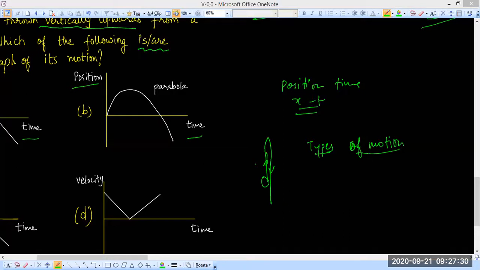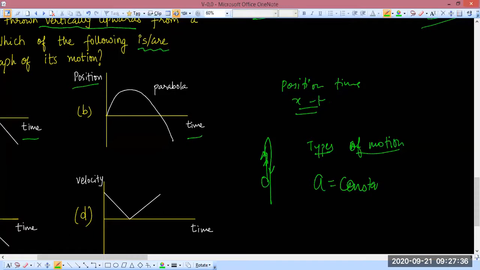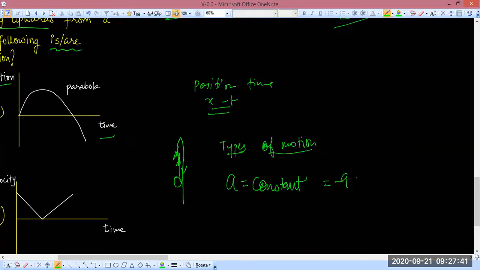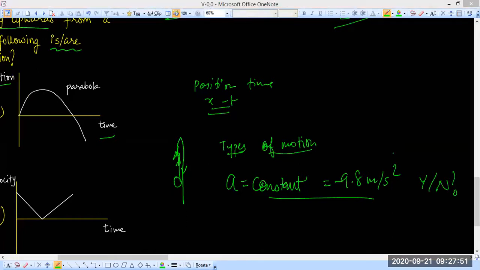Everyone, when you throw something up, I hope you realize that it has constant acceleration. Yes or no? How much constant acceleration? Minus 9.8 meter per second square, correct? When we throw anything up or down or we drop it, it has minus 9.8 meter per second square constant acceleration.